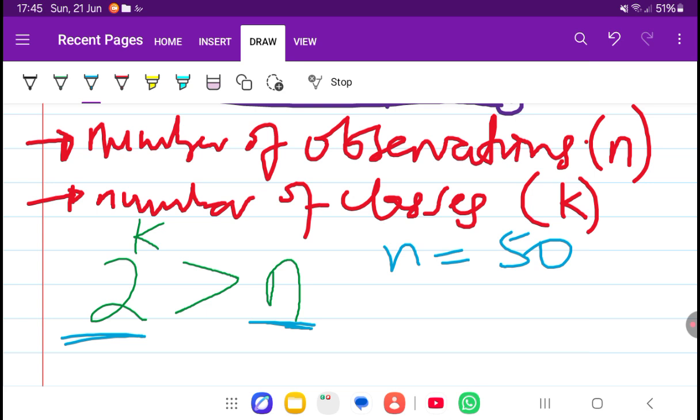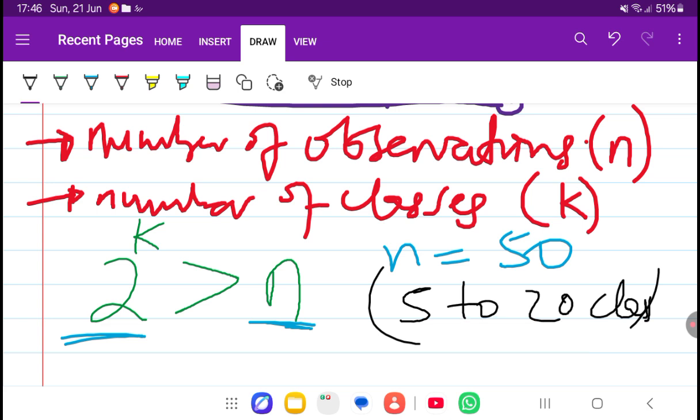Remember, we say that classes should be at least 5 to 20 classes within this range. So what am I going to do? The assumption is that at least I should have 5 classes, and that's our k, because those are the classes that we are trying to look out for.